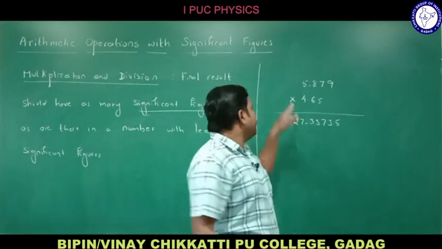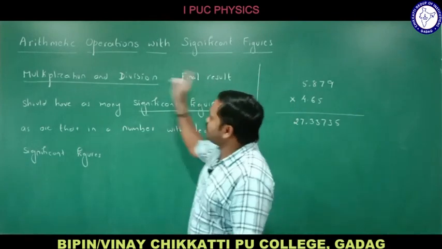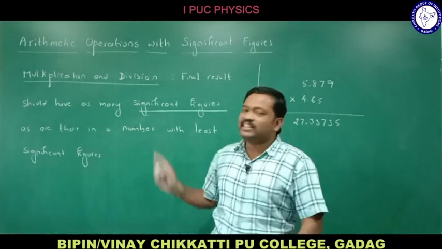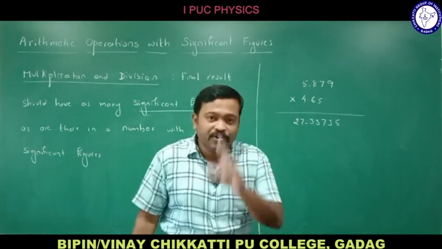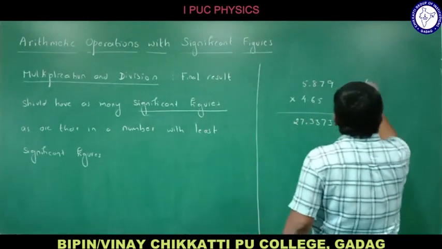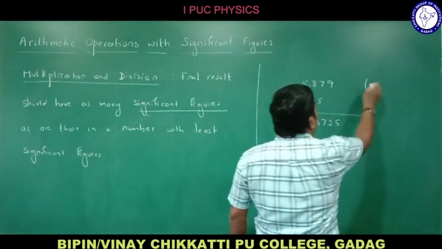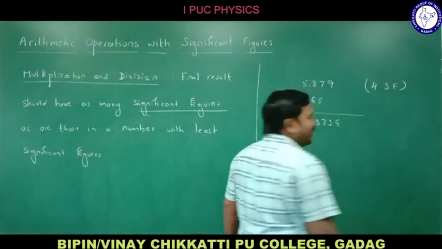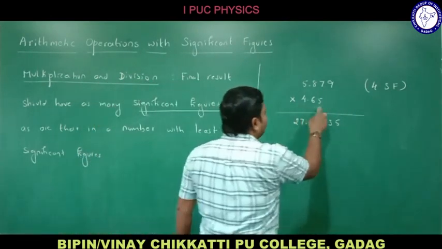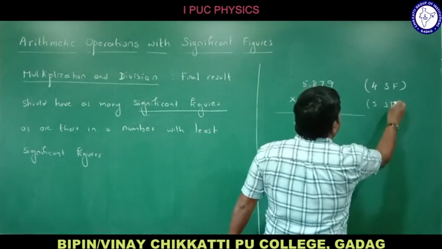There is a rule when you multiply, right? So final result in multiplication should have as many significant figures as are there in a number with least significant figures. Now you need to check how many significant figures each number has. 5.879 has 1, 2, 3, 4, 4 significant figures, because all non-zero digits are significant. 4.65 has 3 significant figures.